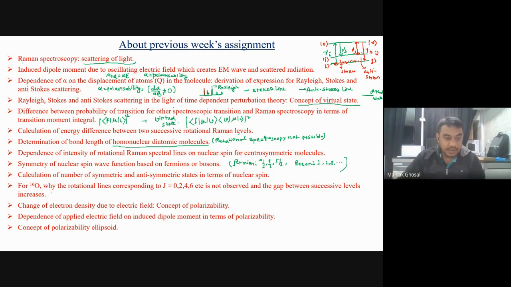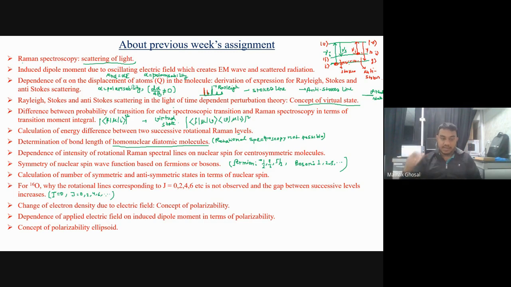So for this one, I was 0. For that case, it was shown that the lines corresponding to J equal to 0, 2, 4, 6, etc. are missing, because for matching the symmetry from the symmetric algorithm, these lines will not appear, because they do not match the symmetry.